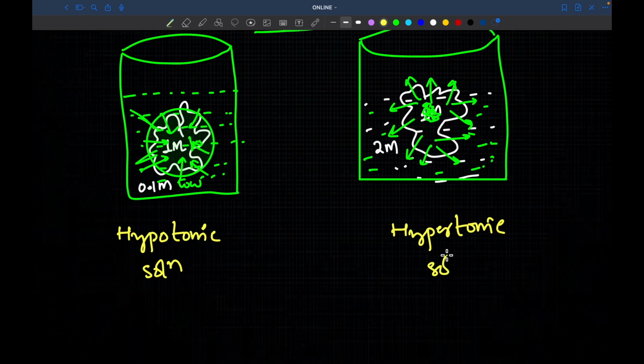The difference between these two is: in hypertonic solution, what osmosis takes place? Exoosmosis takes place. In hypotonic solution, what osmosis takes place? Endoosmosis takes place.